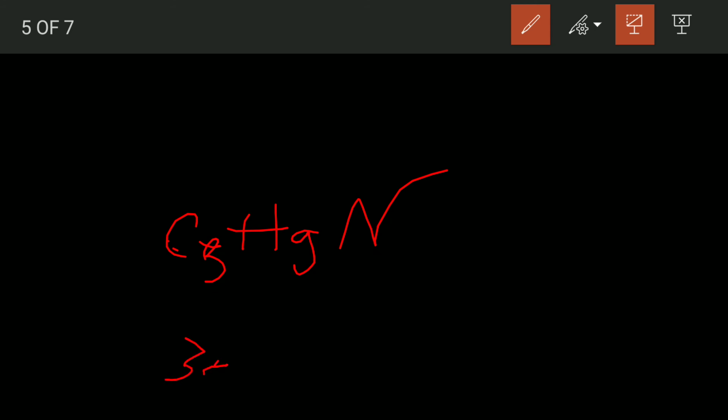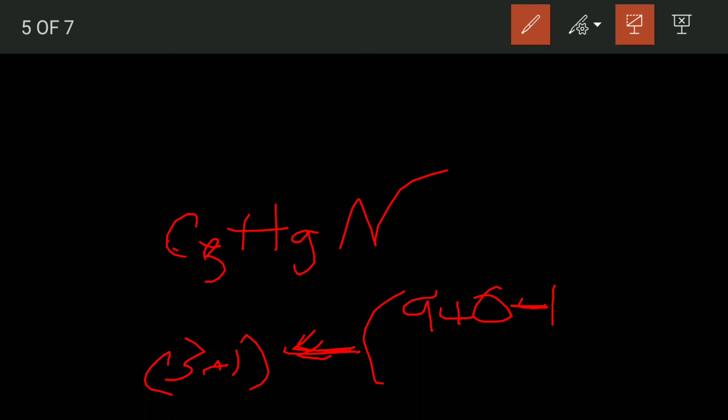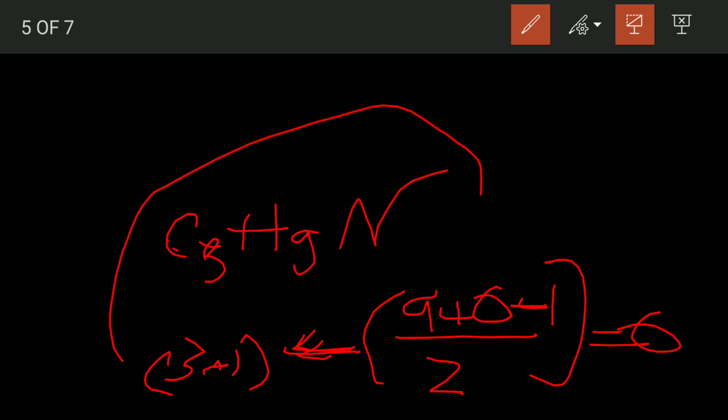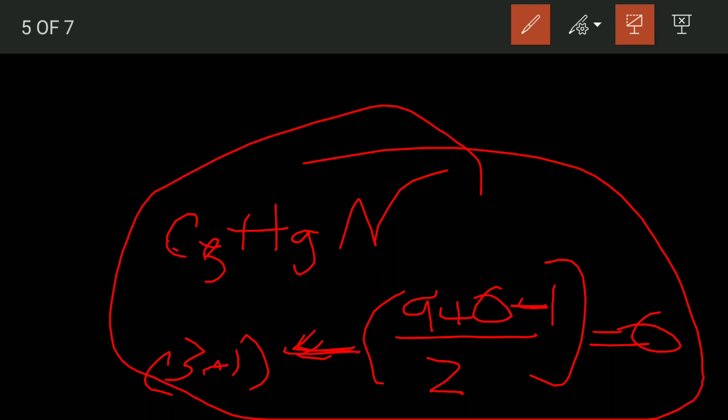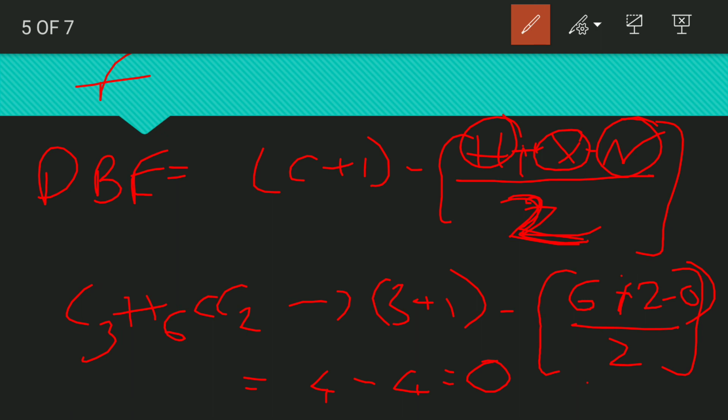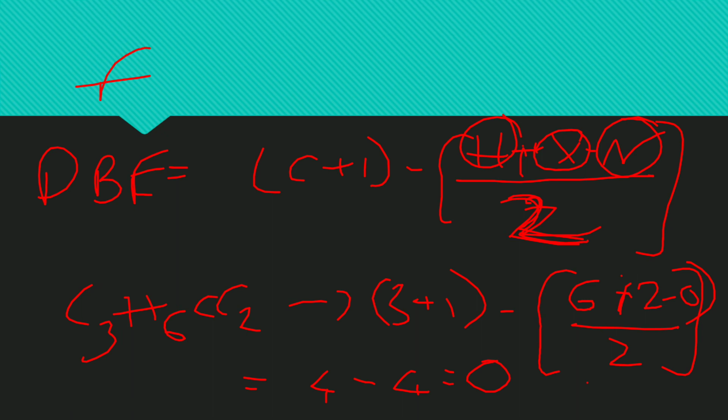So 3 plus 1, C plus 1, and minus, we have 9 hydrogens and we have 0 halogens, and plus 1 nitrogen divided by 2, and the answer is 0. So DBE calculation using formula is very easy. These examples are enough to understand the DBE.